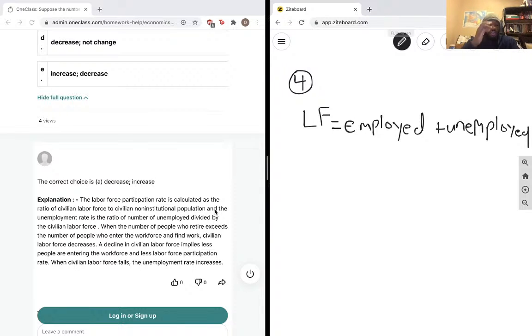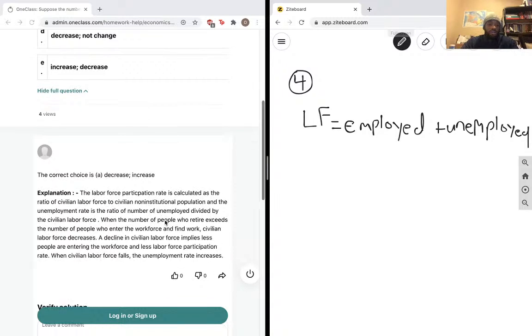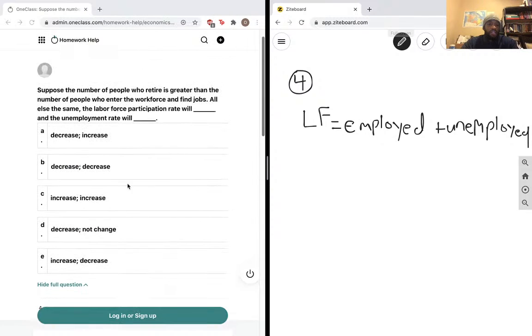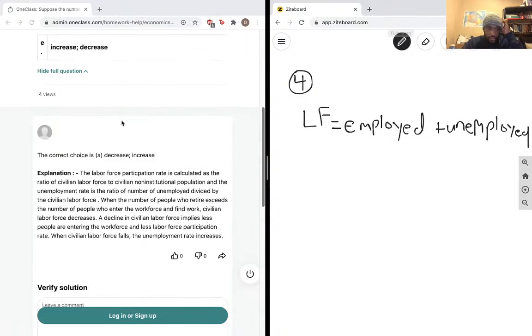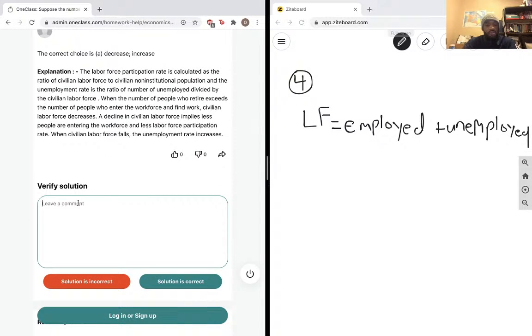And the decline in the labor force implies that fewer people are entering the workforce and a lower labor force participation rate. When the civilian labor force falls, as long as the number of unemployed people remains the same, the unemployment rate is going to increase. So the answer here is decrease, increase, and that's option A. So that's a great explanation.